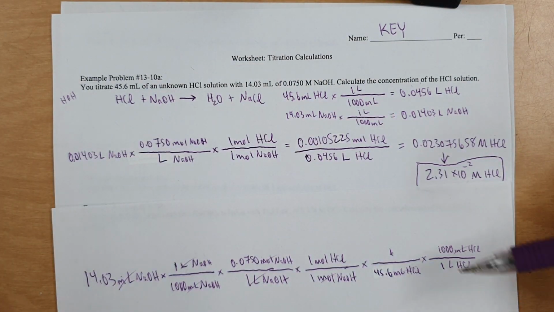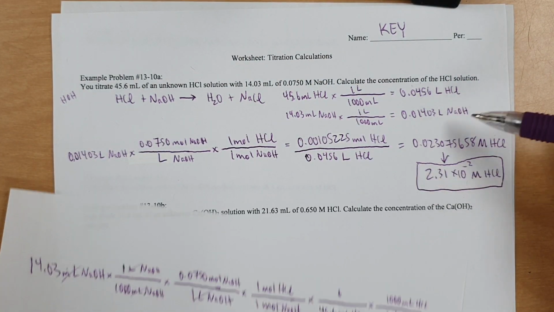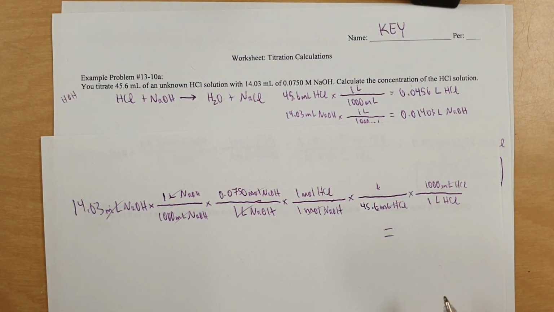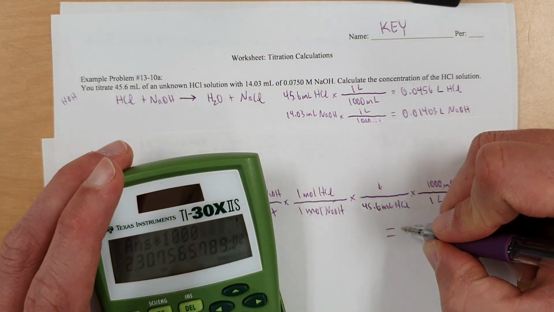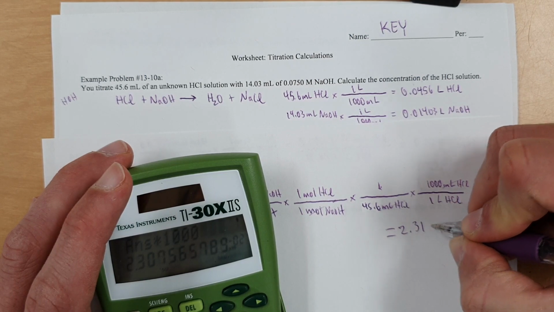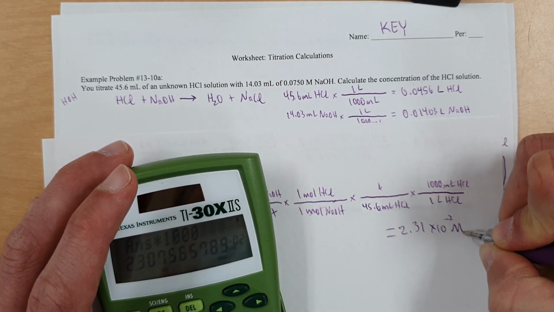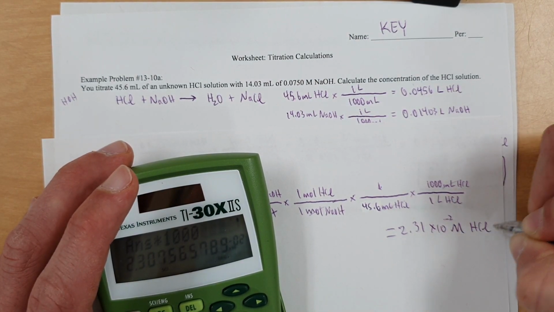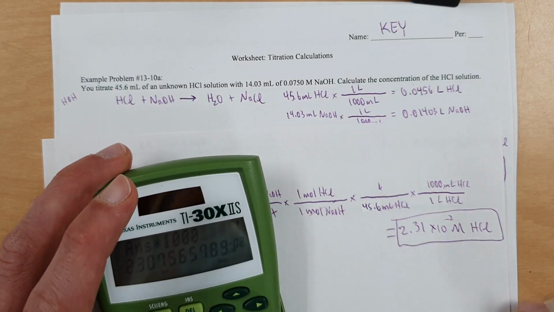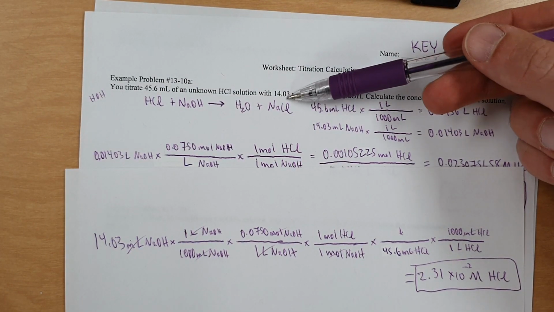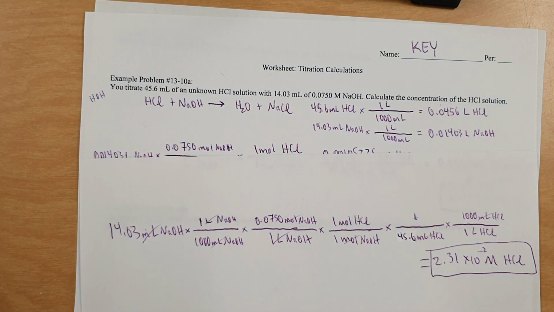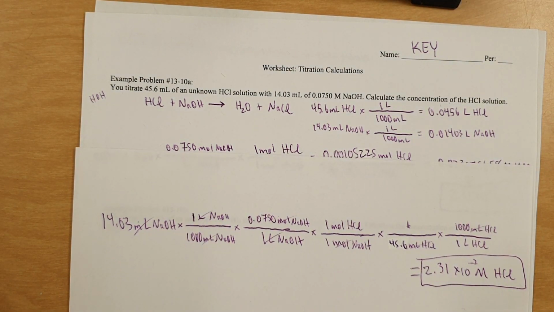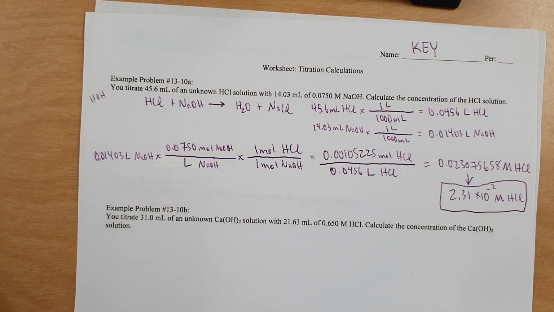So you can choose to break it into small, easily understood steps, or you can do it as one giant step like this, getting the same answer, 2.31 times 10 to the negative second molar HCl. And that would work. Either way, though, make sure you have a balanced equation. But these are two perfectly fine ways to go about doing it. Whichever one suits you is the one you should do.